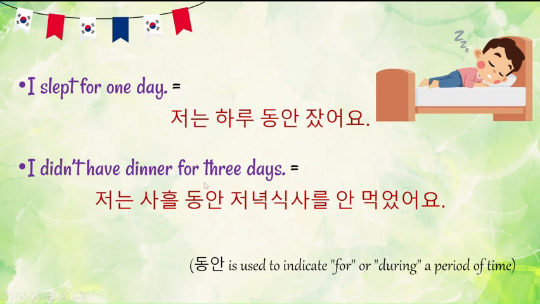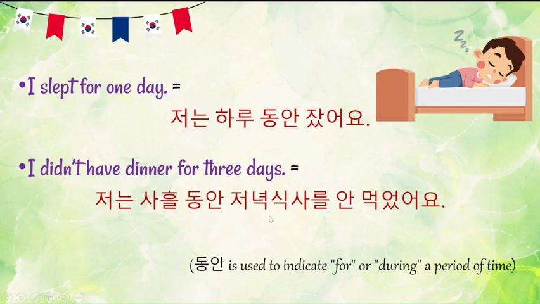I didn't have dinner for 3 days. Now, for 3 days, we just saw the word is sahil. So in Korean it is going to be 저는 3일 동안 저녁 식사를 안 먹었어요. 저는 is I, 3일 동안 is for 3 days, for a period of 3 days to be precise.